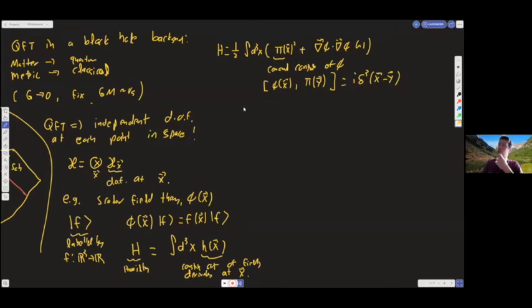Maybe I'll add, as usual, we'll assume there's some ground state, which I'll call omega. And as usual, we do time evolution by acting with e to the minus iHt.